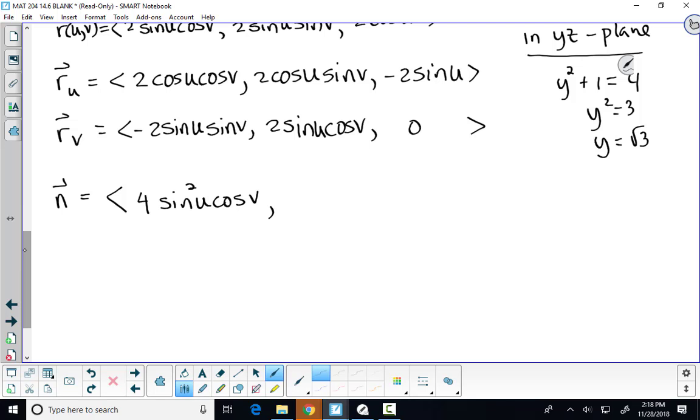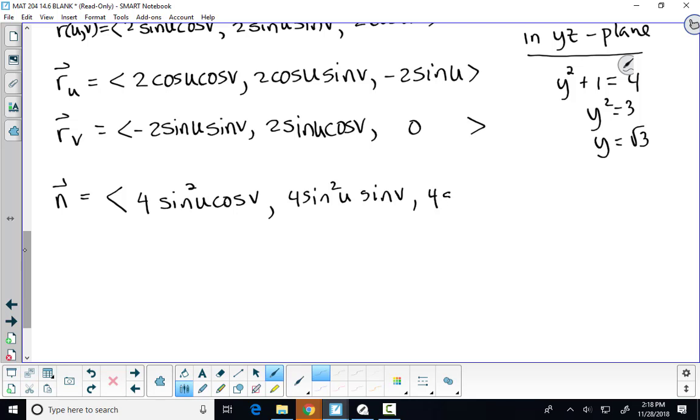The middle one is going to be 4 sine squared of u sine of v. And the last one is going to be sine u, cosine u, cosine.